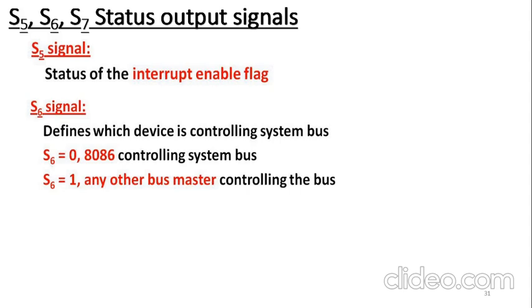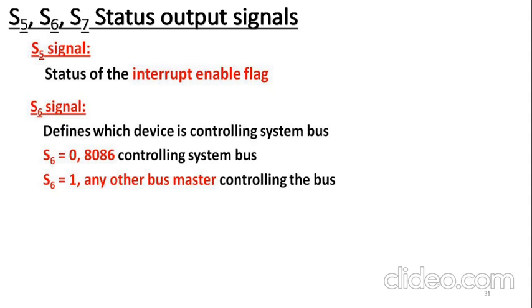And whenever S6 is equal to 1, it means that any other bus master device, like the 8087 NDP numeric data processor or the 8089 IOP IO processor, is controlling the system bus.